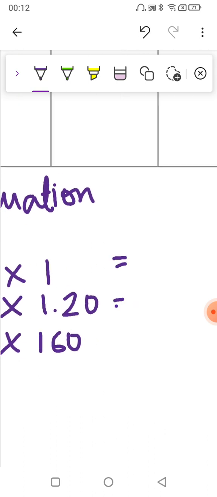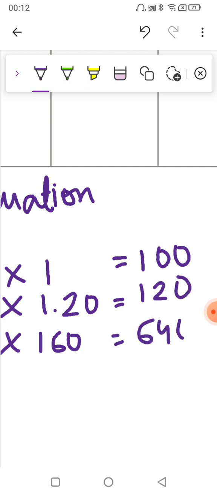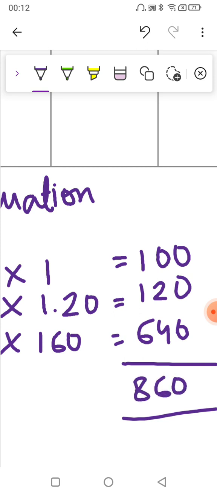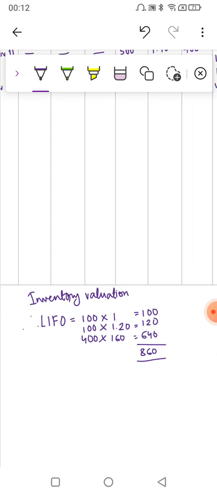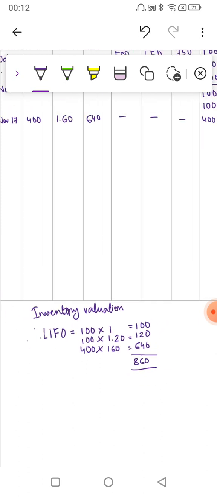So this becomes 100, this is 120, and this one being 640. Add all of this. Once we add all of this, we would get the final amount, that is being 860. This is how we are going to solve inventory valuation under LIFO.